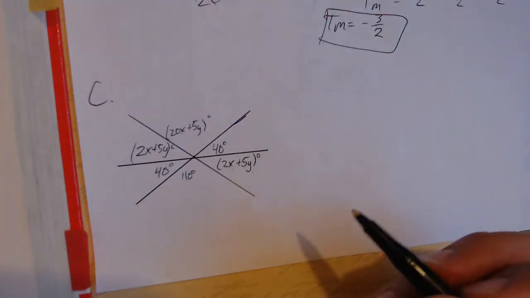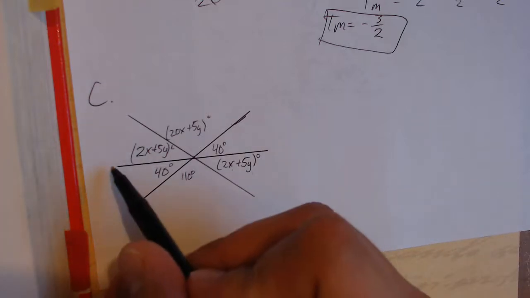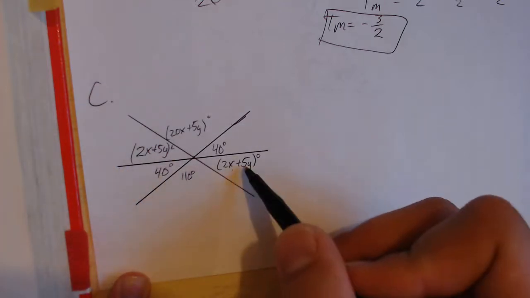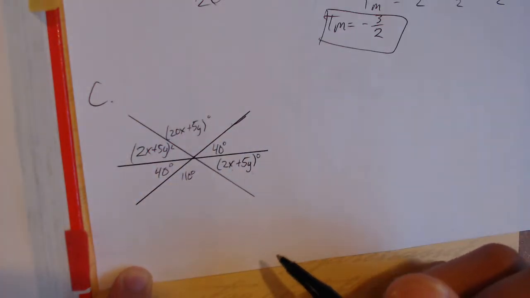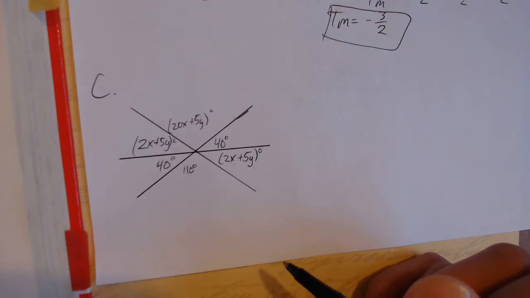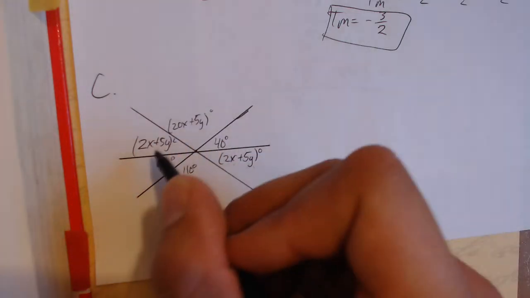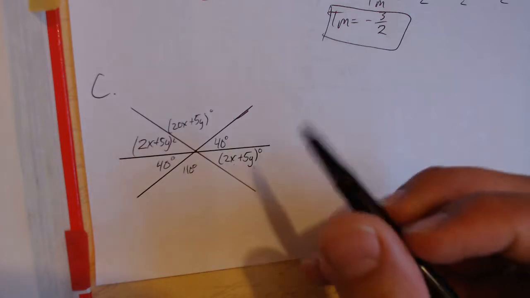All right. So from here, there's two ways to do this. We could cut it into halves and say that all of this adds up to 180, or we can just add it all together and say all of it adds up to 360. I think if we do it in two halves, we can end up with some different equations. Or, I'm sorry, there's another way to do this.